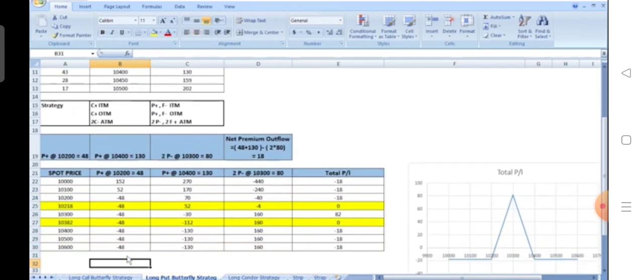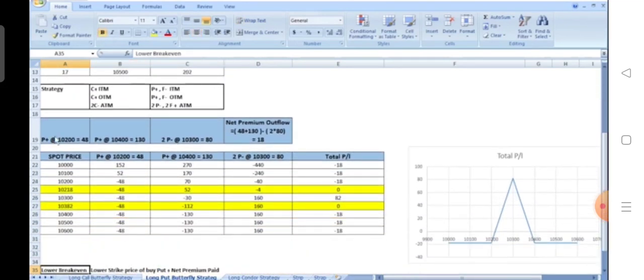So in this strategy, we buy 1 put option at 10,200 by paying a premium of 48. We buy another put option which is out of the money at 10,400 by paying a premium of 130, and simultaneously we sell 2 put options at the money at 10,300 by receiving a premium of 80 rupees. So the net premium outflow would be 48 plus 130 minus 80 times 2, which gives us 18 rupees total net premium outflow.